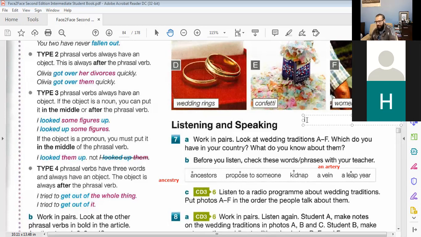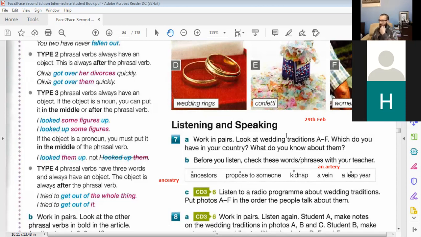Correct. Because every 4 years. Yes, كبيسة سنة كبيسة. Yes, we have the 29th of February. So every 4 years, in every 4 years, February has 29 days instead of 28. Okay, so this is a leap year.